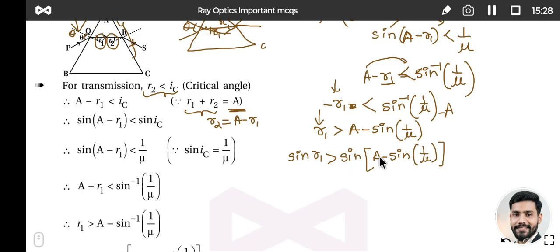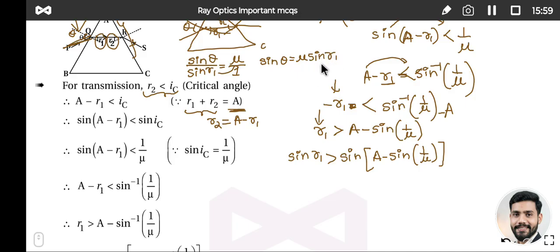Now we know Snell's law. If we apply Snell's law at the starting position, what will we get? Sine theta upon sine R1 is equal to mu2 by mu1, correct? So mu2 is the refractive index of the prism, given as mu, upon mu1, that is air, so the refractive index is 1. If you do the cross multiplication, we will get sine theta is equal to mu times sine R1.